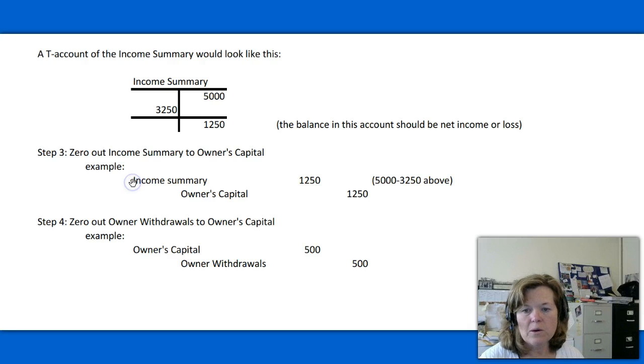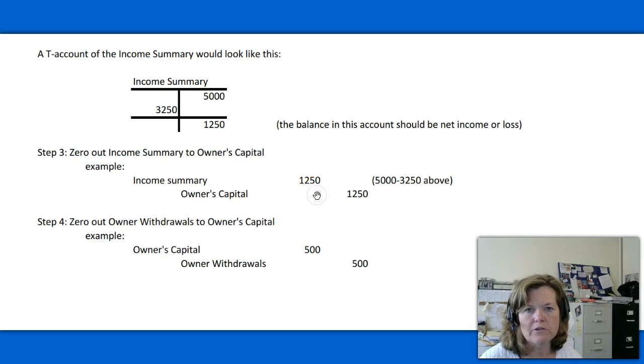So in our example here, we're going to debit income summary $1,250. And again, remember, up here we've got a net credit balance of $1,250. How do we get that to zero? We have to record a debit to zero it out. So our debit to income summary is $1,250. And again, that's the $5,000 revenue minus the $3,250 that we're seeing up here.